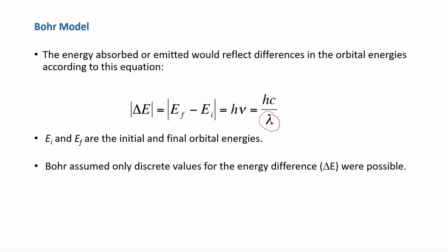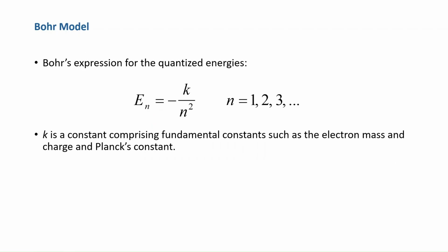You have only a number of orbits that you can jump from or to, so you have only very discrete energies, and you only get certain wavelengths. Okay? And he did that for hydrogen, and it worked really well. The energy is going to be the number of the orbit times this constant. Don't worry too much about it. He combined the electron mass, Planck's constant, and so on. But he said that the energy is going to be proportional to the orbit number.